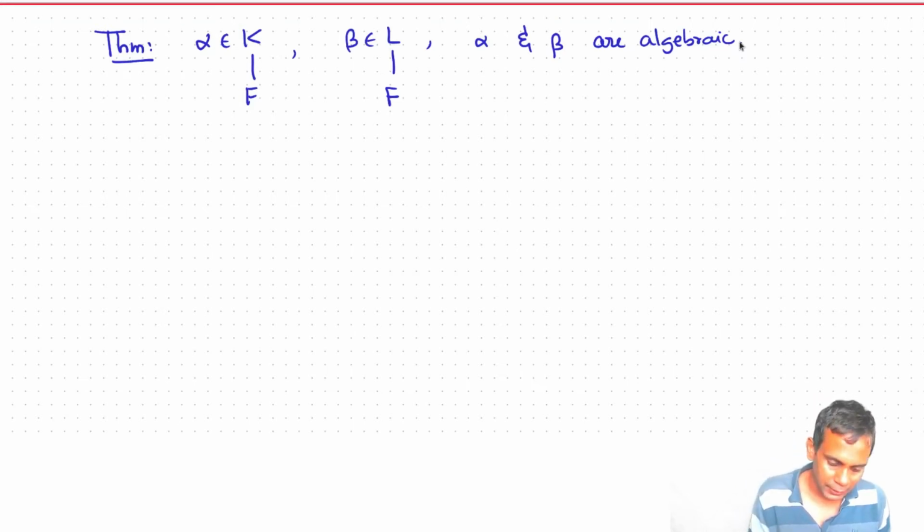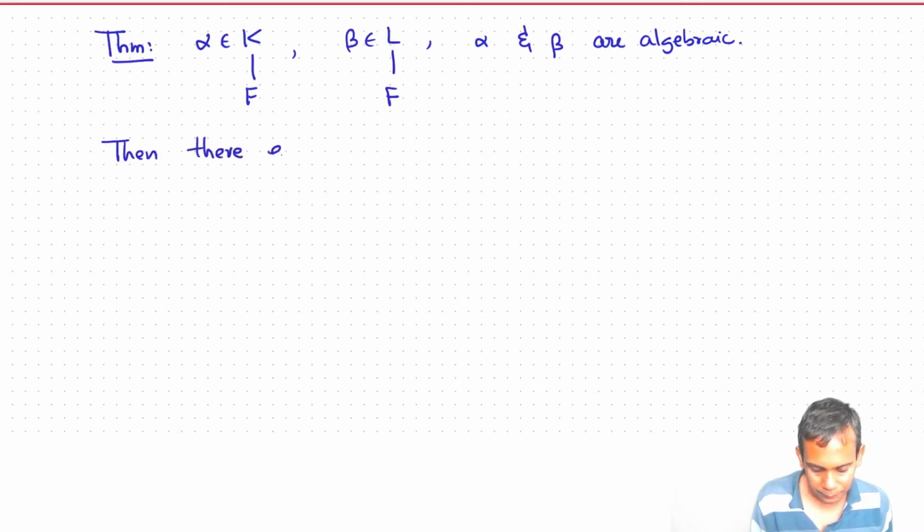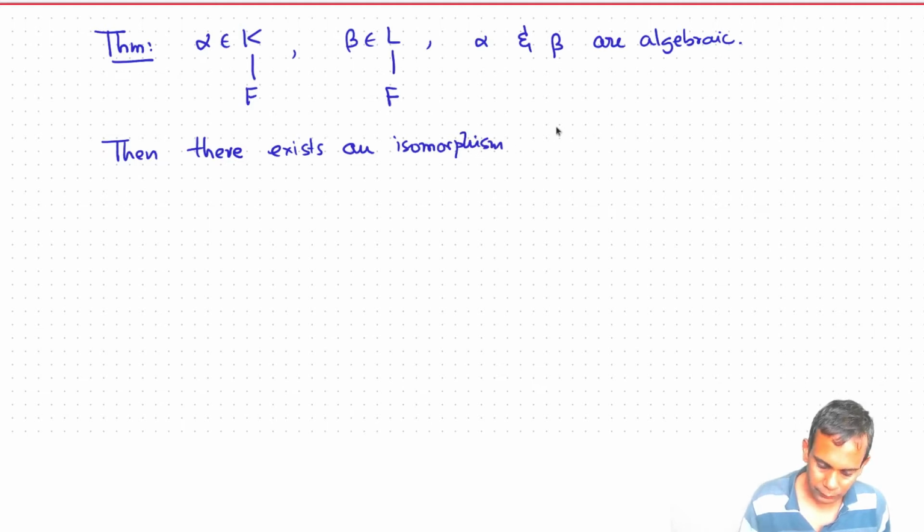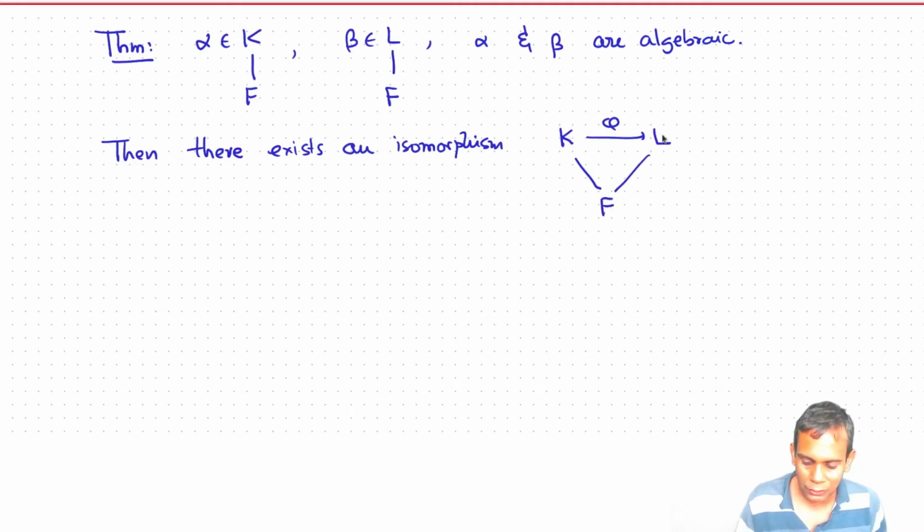Okay, so the statement is that there exists an isomorphism phi from K to L. So this means that phi is an isomorphism from K to L, but when restricted to F, phi is the identity.